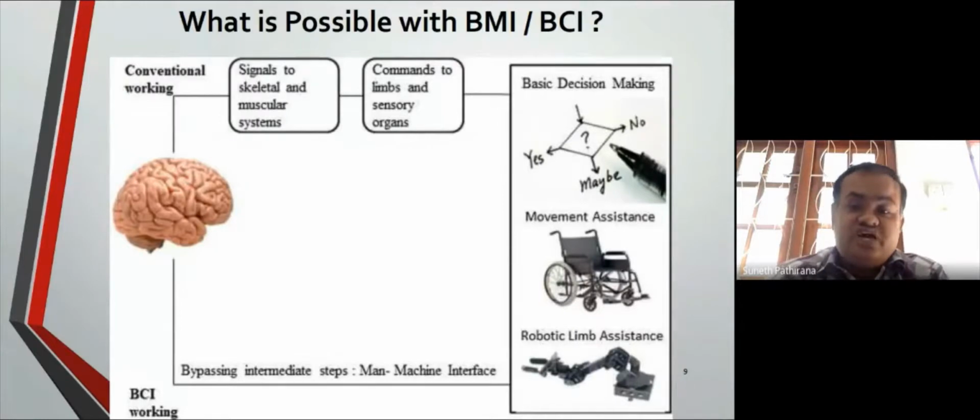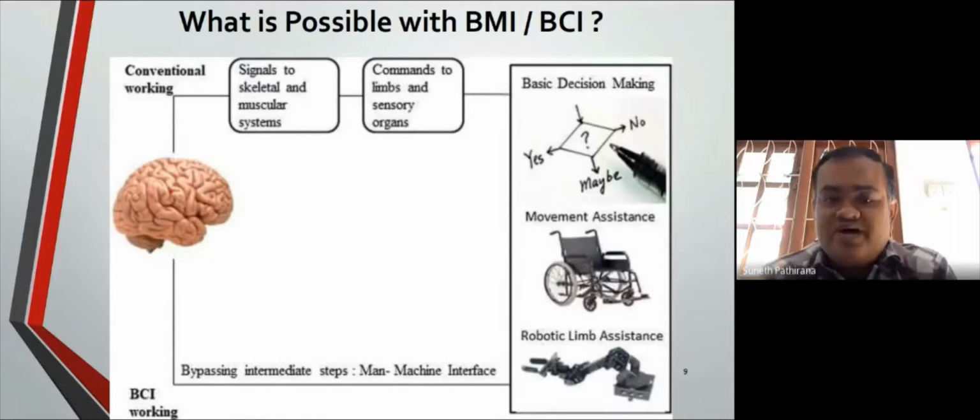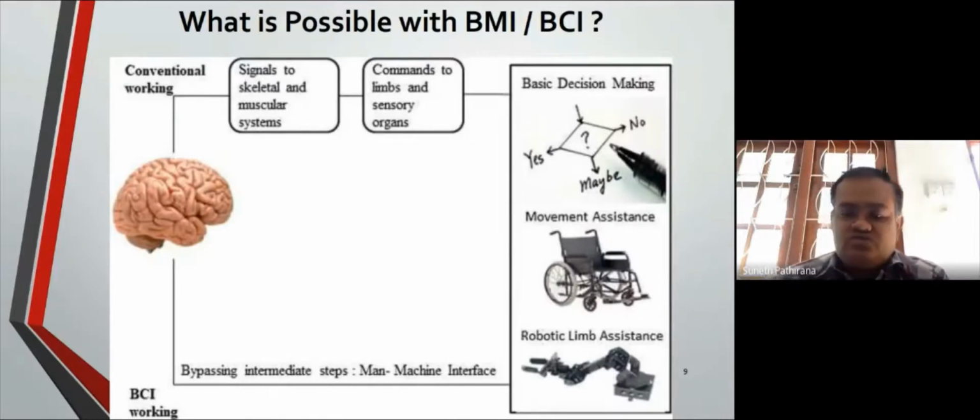So we can make that decision, starting from simple decision making up to control of complex machinery or devices like wheelchairs, robotic prosthetic arms or robotic limbs, or even automobiles or vehicles. So the spectrum of applications is very wide, very broad.